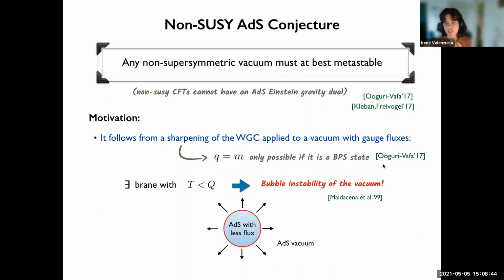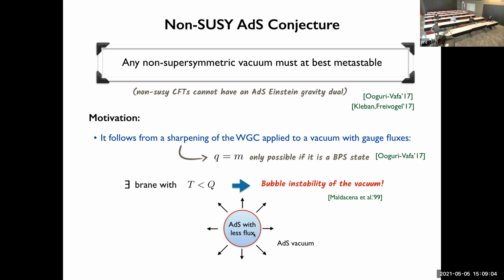And then Ooguri and Vafa argue that if you don't have supersymmetry, then the tension is going to be strictly smaller than the charge, because there is nothing that protects the tension from getting corrections and deviating from the exact equality, and this automatically implies some bubble instability of the vacuum.